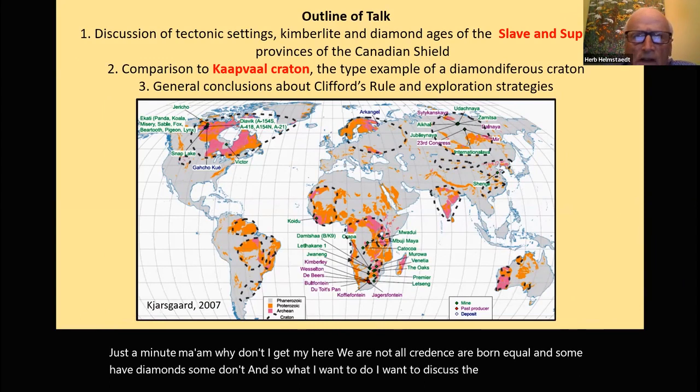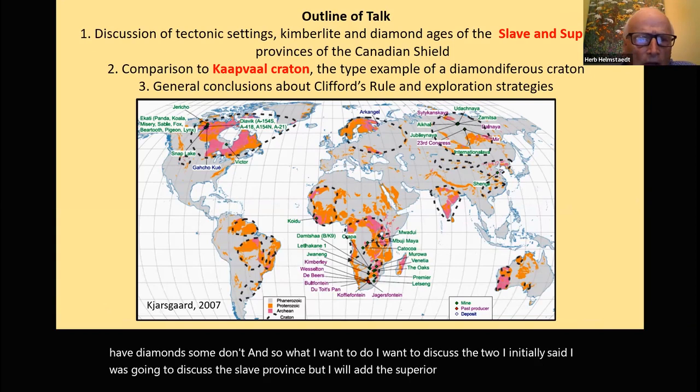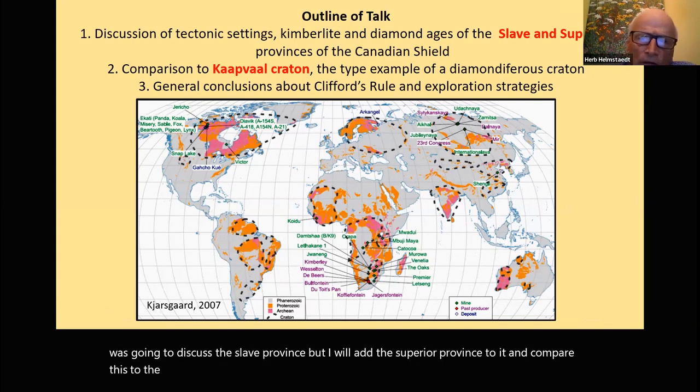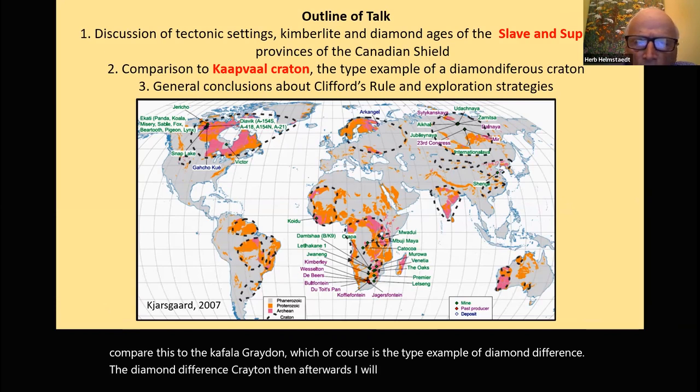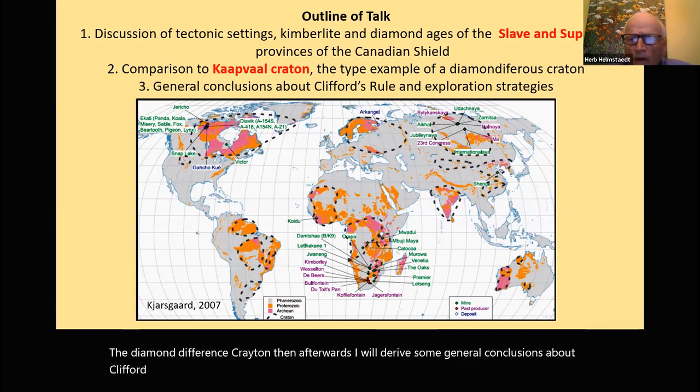I initially said I was going to discuss the Slave province, but I will add the Superior province to it and compare this to the Kaapvaal craton, which of course is the type example of a diamondiferous craton. Then afterwards, I will derive some general conclusions about Clifford's rule and exploration strategies.